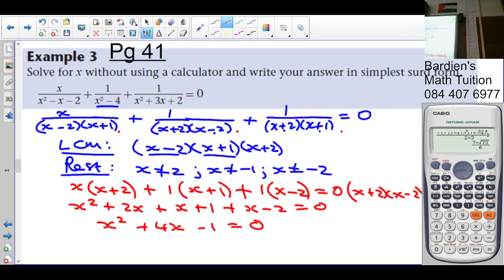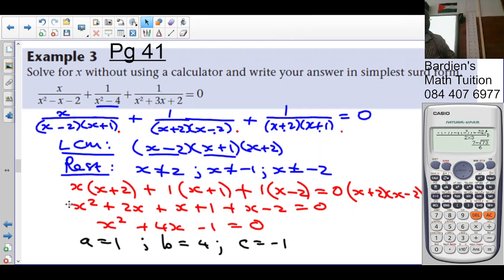Okay. So what's my a value? 1. You all agree with that? So a is equal to 1. Your b is equal to? And your c is equal to? Negative 1. So what's my formula?